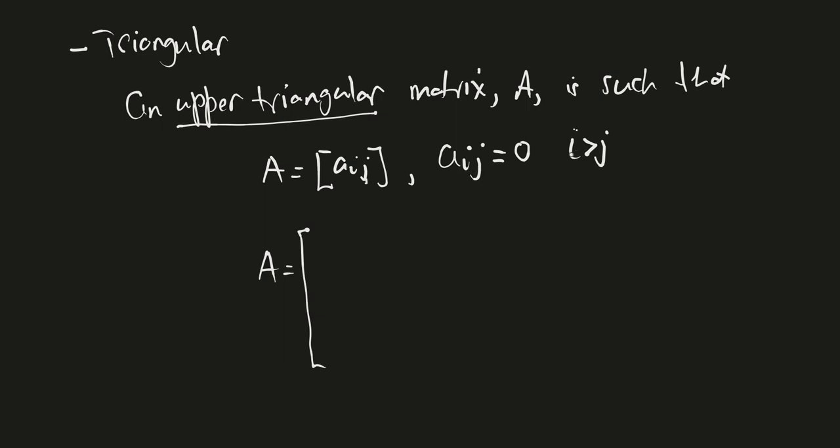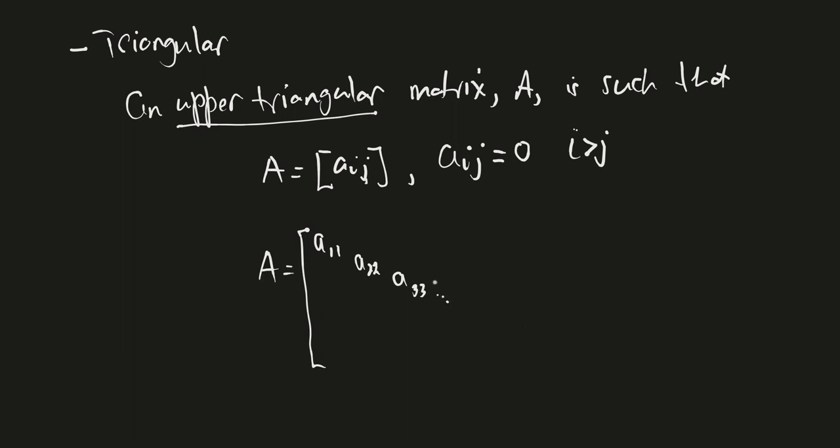If your i is greater than j, then it means you're further down than you are across. This is saying that your row index is greater than your column index, right? So remember, the entries on the main diagonal, that's where your i is equal to j. So it's like 1,1, 2,2, 3,3, etc.